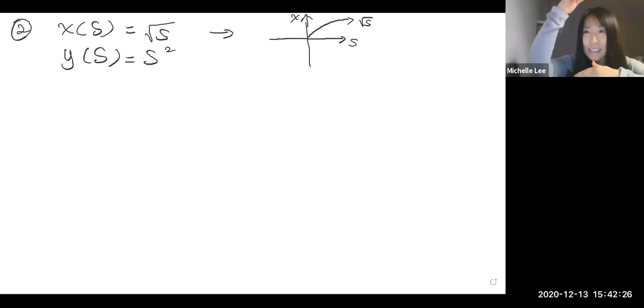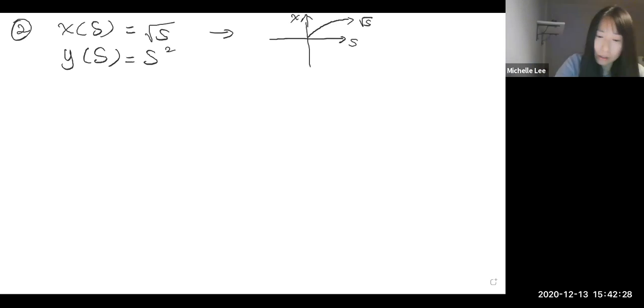Now for x, we are looking at the x interval here, so the x-axis. How much will the domain be? This will start at 0 to infinity, and 0 is included there, right? Now y.